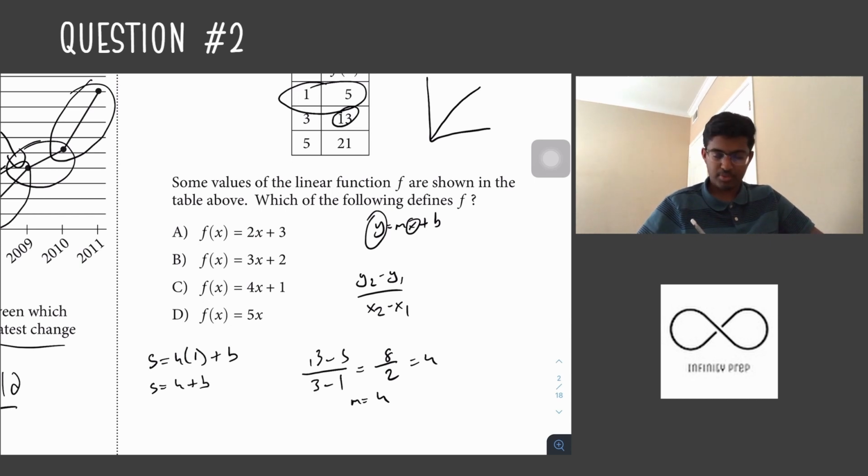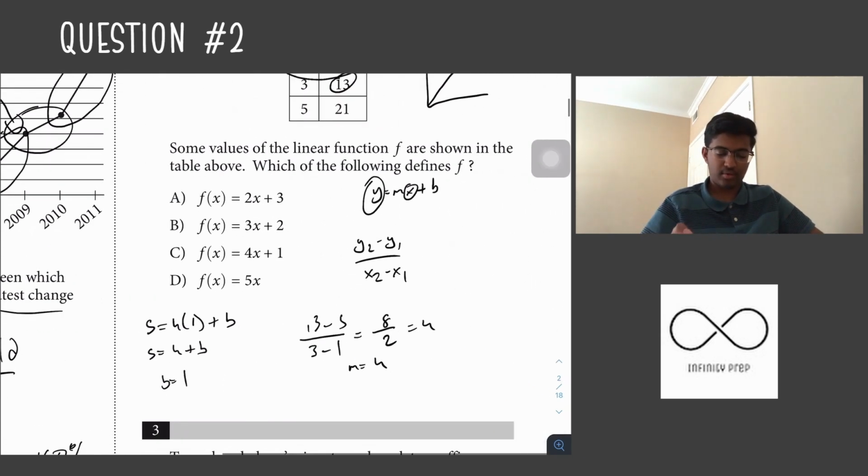And you subtract 4 from both sides to get b equals 1. So the only equation that fits the criteria of m being 4 and b being 1 is answer choice C, so that's our answer.